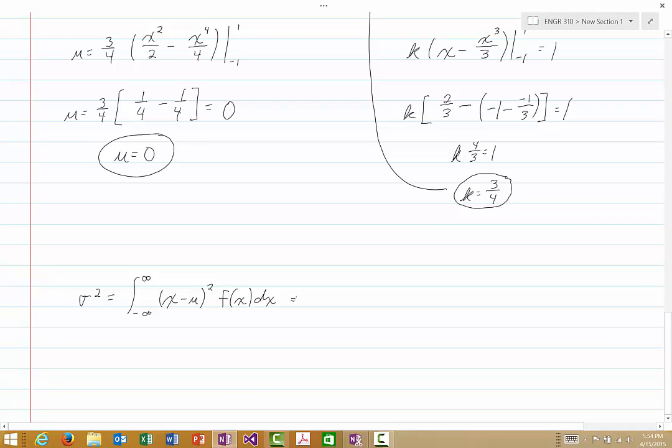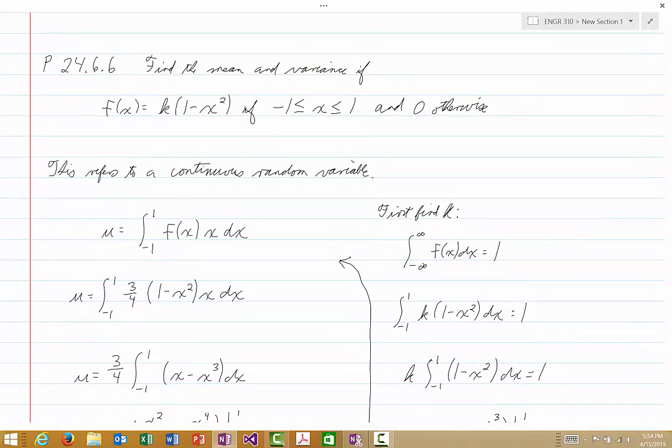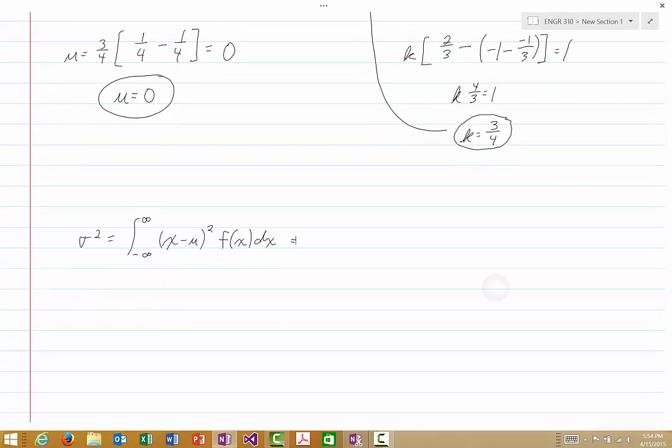And so now in this case, remember, f of x is equal to 0 everywhere except in the range from -1 to 1. So therefore this can become the integral from -1 to 1. And the x minus mu part, since mu is equal to 0, that's just x.